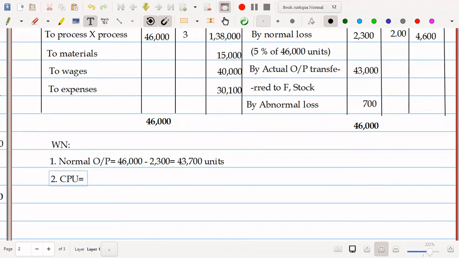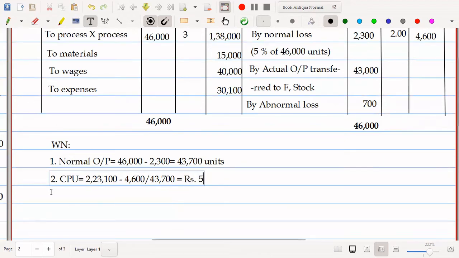CPU is equal to total expenses. So we have to take the total of this and this. It comes to 2,23,100, minus scrap value. Scrap value given here is 4,600. 4,600 divided by normal output. Normal output we have calculated here, that is 43,700. So it comes to rupees 5.